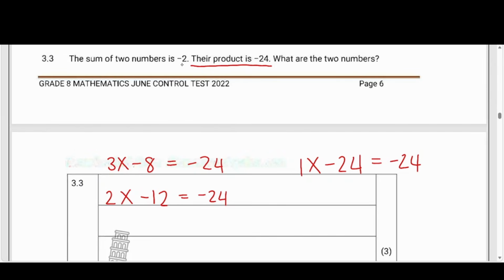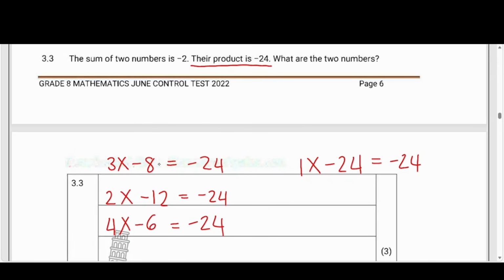Now we're going to see if I add any of these numbers together, will I get negative 2? I think we've actually missed one of the other ones, because we could also do 4 times negative 6 would give us negative 24.